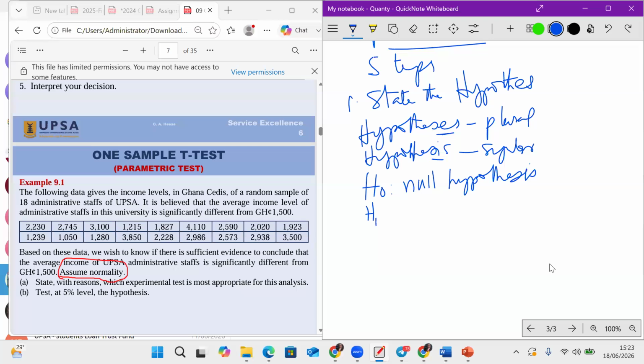Then we'll be working with H1, which is called the alternative hypothesis. When you do your master's, you can have H1, H2, H3, testing different things. But here we are only limited to H1, the alternative hypothesis. The null hypothesis is a phenomenon assumed to be true, what is held to be the case.